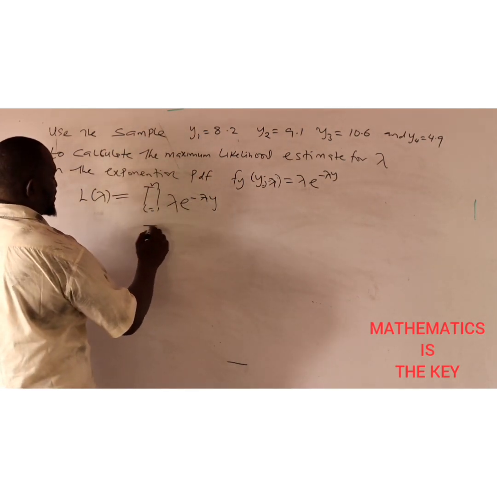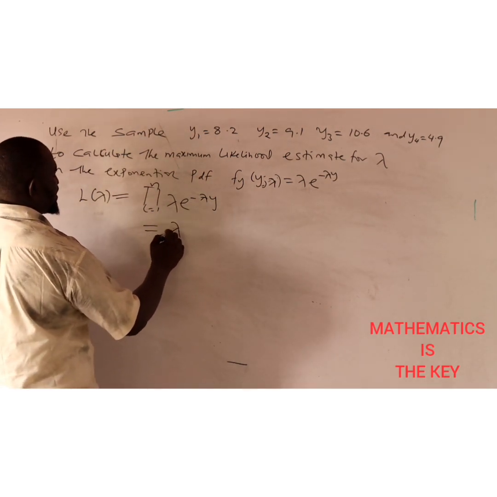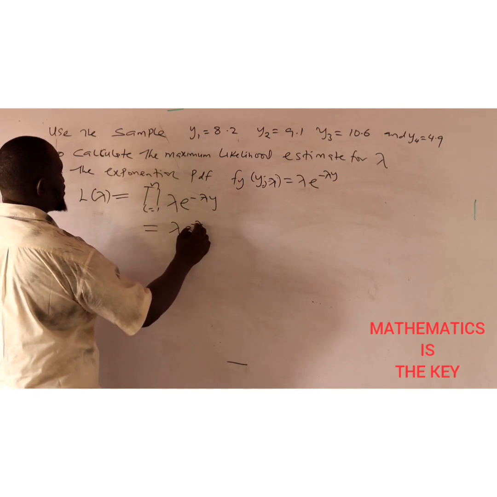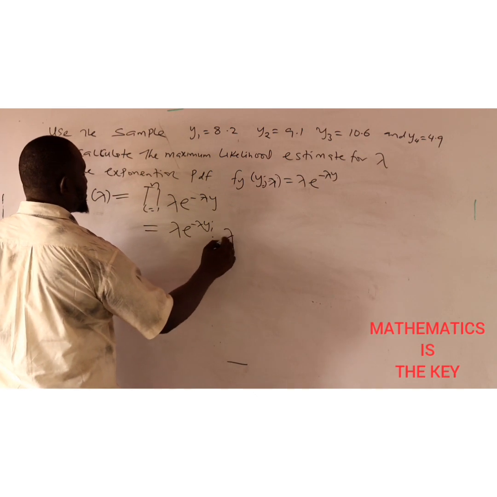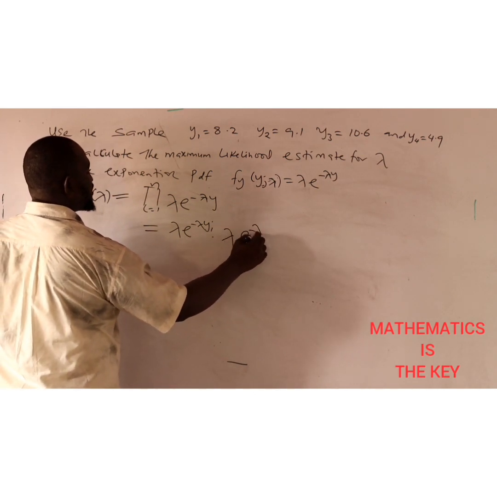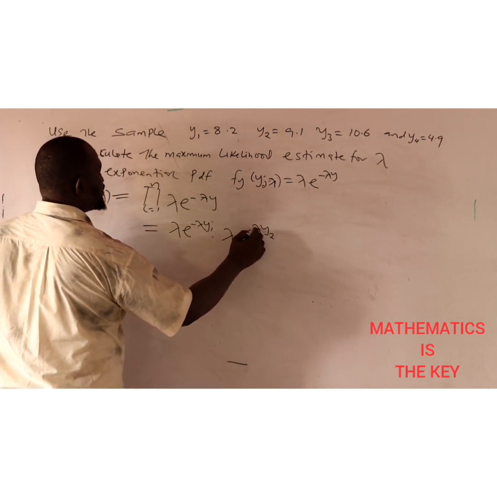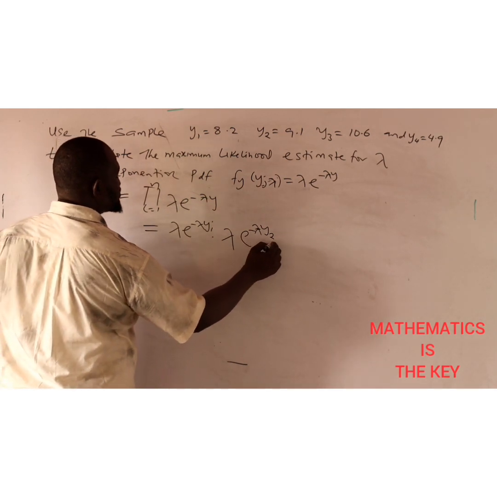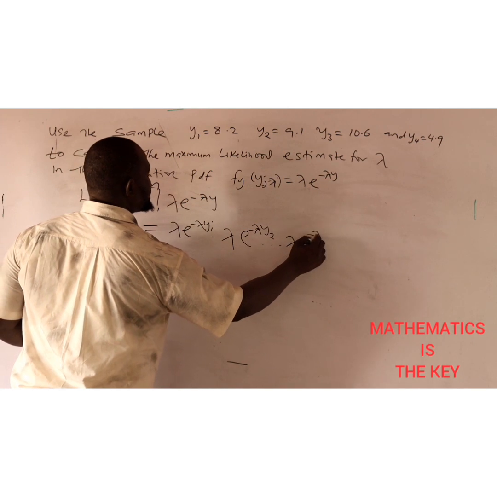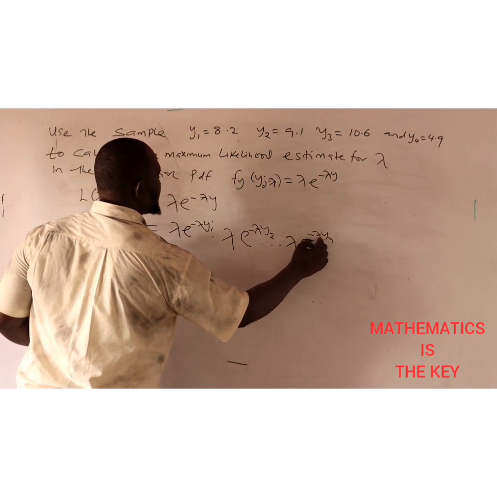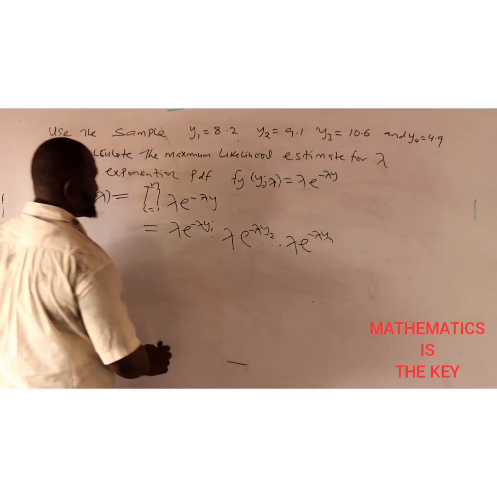And this is lambda exponential of minus lambda y1 times lambda exponential of minus lambda y2 times up to lambda exponential of minus lambda yn.